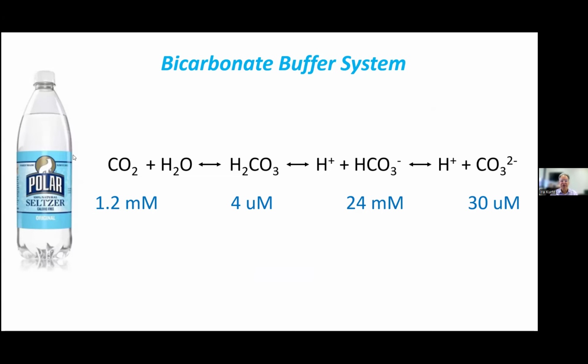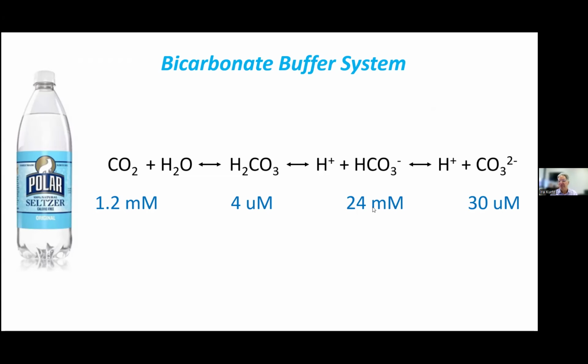So, for instance, if I bubble water with carbon dioxide to make seltzer, it'll combine with water to make carbonic acid, and that can break down to a proton and bicarbonate. And the bicarbonate further can break down to an additional proton and carbonate. At equilibrium, all these things are unchanging and they have certain steady state concentrations.